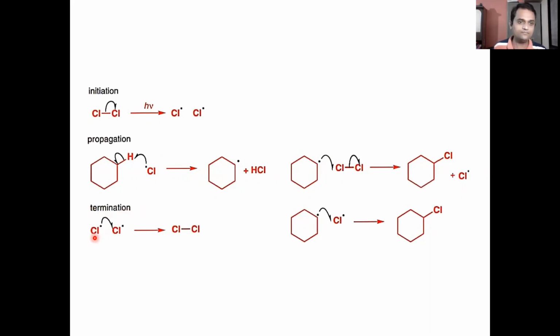In termination, two Cl radicals combine with each other to form a chlorine molecule, or the cyclohexyl radical combines with a Cl radical to form cyclohexyl chloride. So the chlorination of alkanes involves three steps. The first one is initiation, the second one is propagation, and the last one is termination.